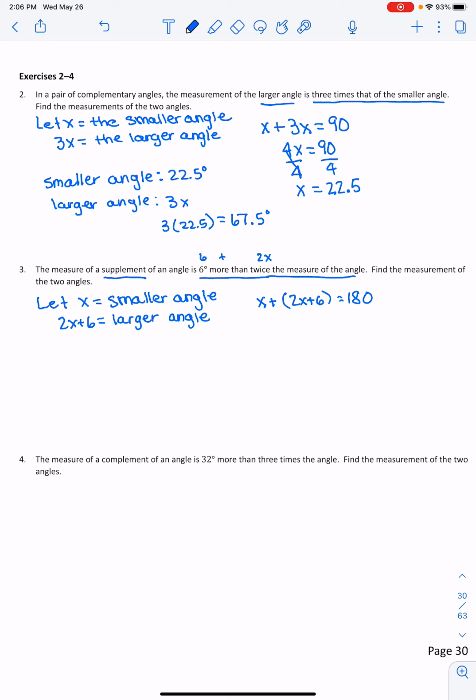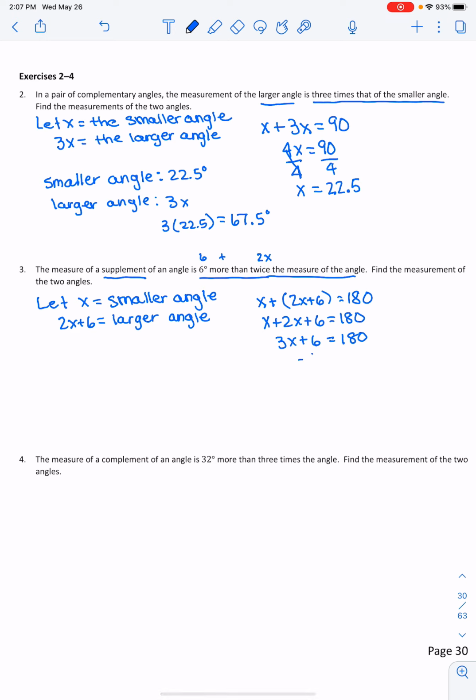Now, because there's nothing in front of the parentheses, I can take it off. Now it's x plus 2x plus 6 equals 180 degrees. So now we have 3x plus 6 equals 180.